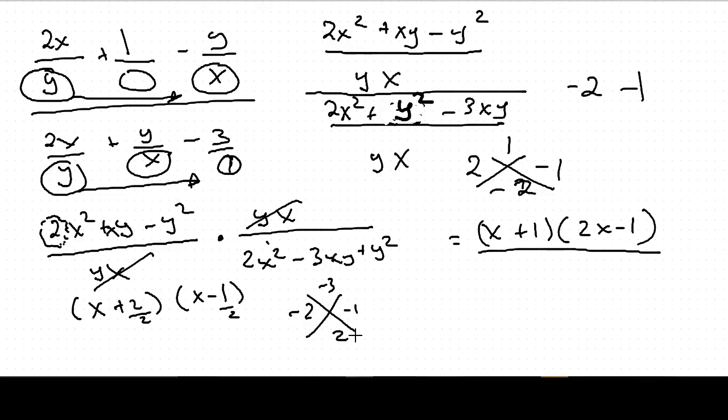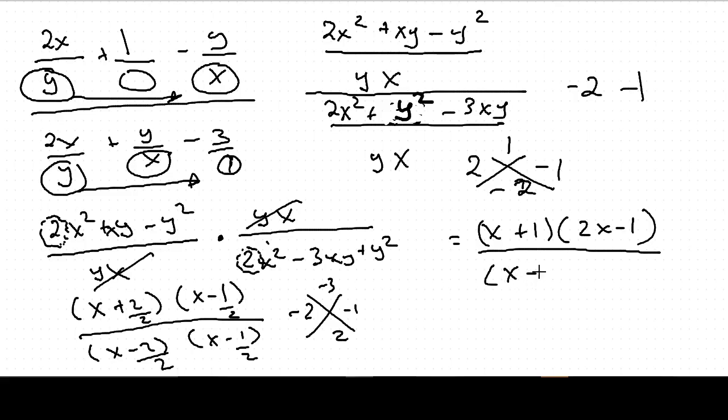And so I'm going to write them here. So this is x minus 2, x minus 1. I've got that 2 there. So I have to divide them both by 2. And then I get x minus 1, 2x minus 1.